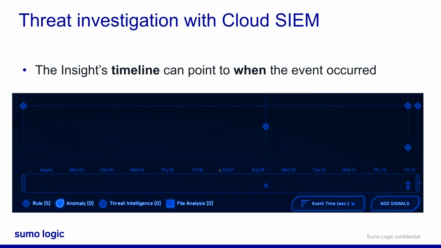Remember I mentioned earlier, by default, insights are related signals that cluster together within the last 14 days. So we can have signals that occurred several days apart or clustered more closely together, and that's a little bit of both here. What we have is a timeline from about the 1st to the 13th, so 14 days. On the first day, there was a rule that was triggered.